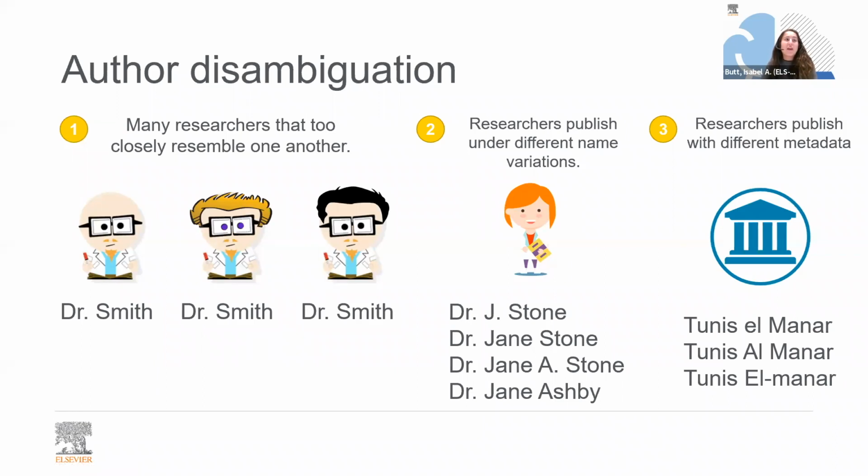Another problem that we face is even when there's just one author, sometimes authors choose to publish under similar but slightly different name variations. For example, Dr. Stone might use variations of her name when she publishes in different journals with different requirements. Some journals say, look, I just want the first initial, and some journals might ask for a full name.